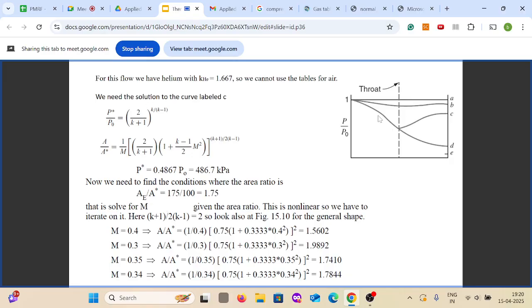So first we'll assume the critical ratio to find out the pressure at the throat. So P star by P naught is 2 by gamma plus 1 raised to power gamma by gamma minus 1, and then the area ratio A by A star is given by 1 by Mach number into 2 by gamma plus 1 into 1 plus gamma minus 1 by 2 into Mach number square, whole raised to power gamma plus 1 by 2 into gamma minus 1.